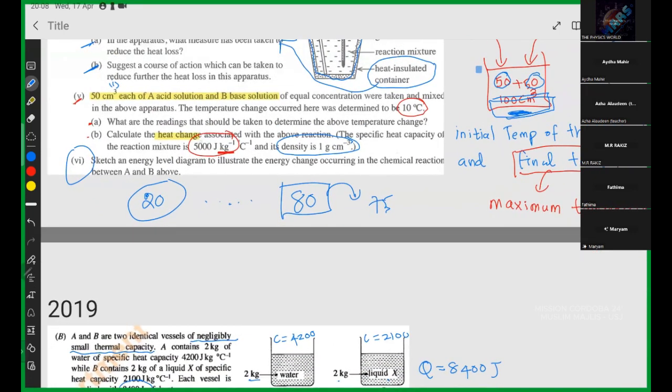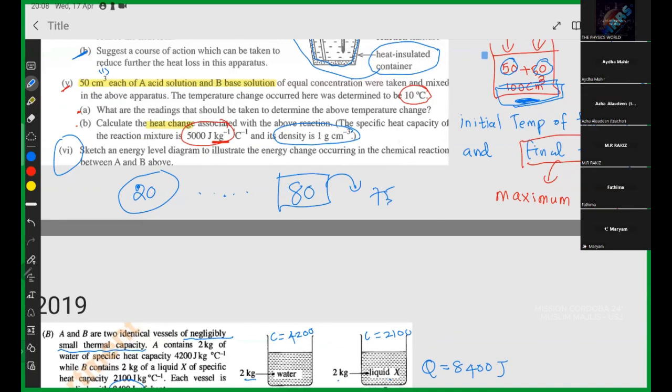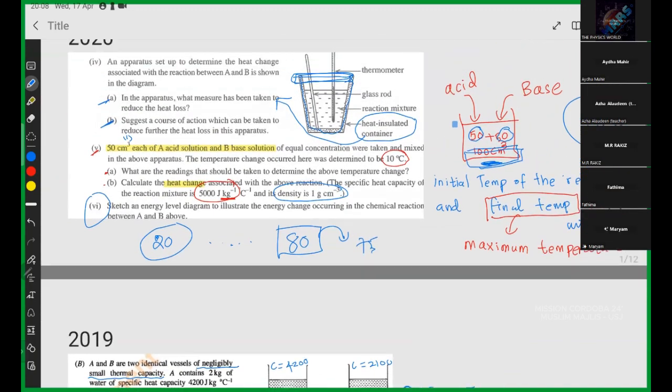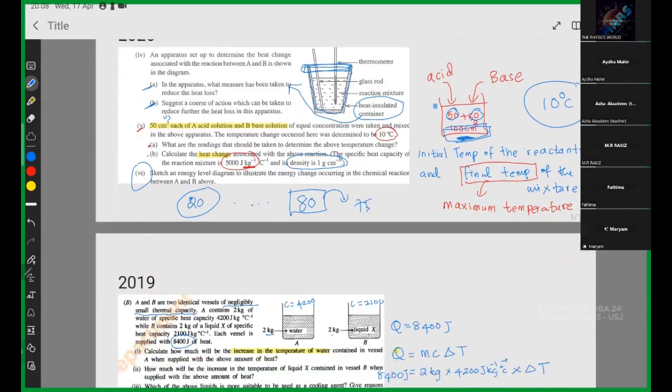Calculate the heat change associated with the above reaction. Same heat change they're asking, and I have erased it now. The same heat change: Q equals mc delta T. But mass is not given. But we know an equation to find mass: density equals mass over volume. With that you can get mass equals density times volume.